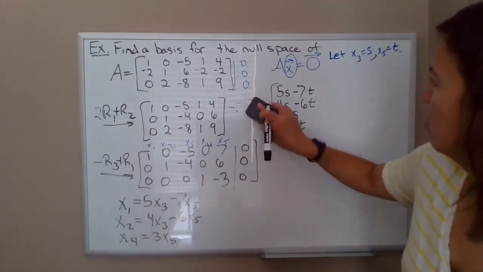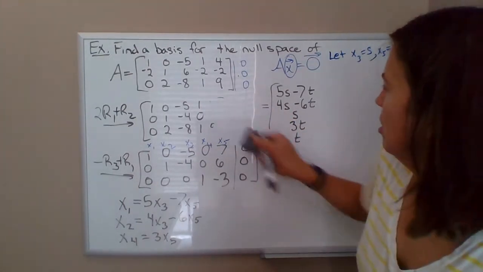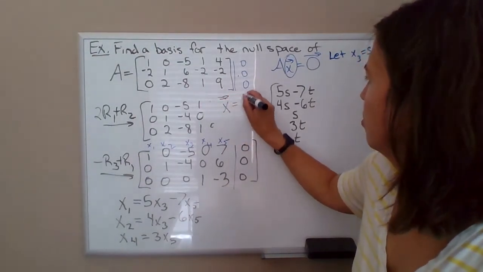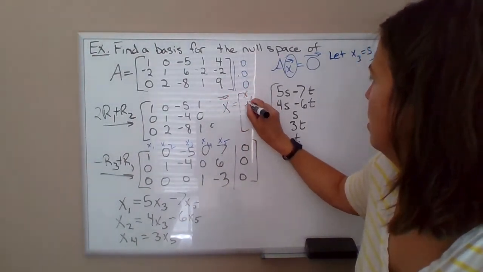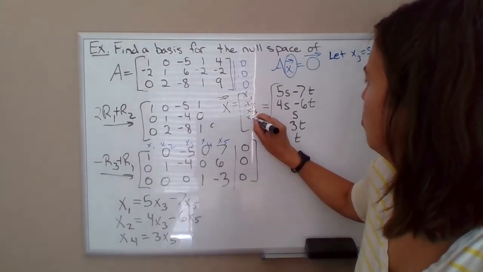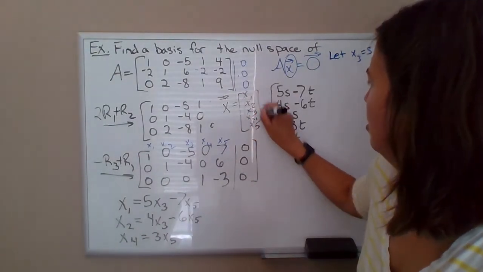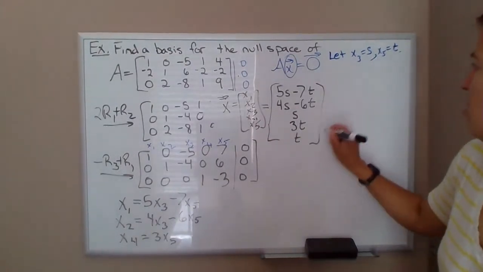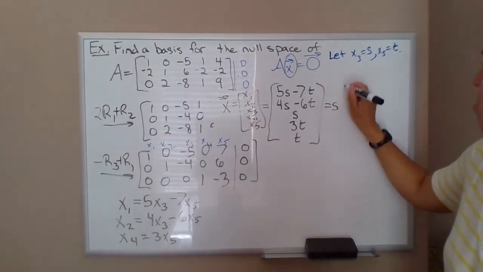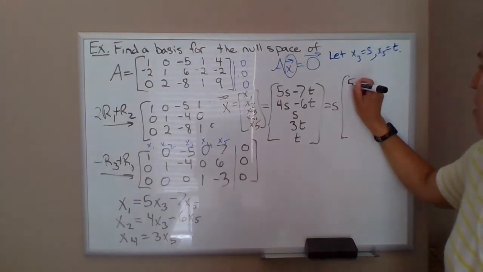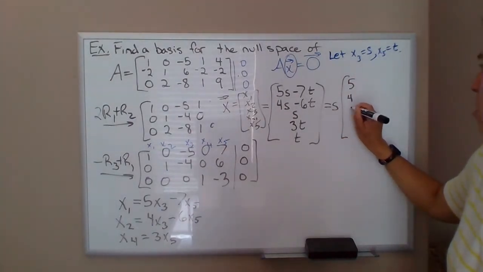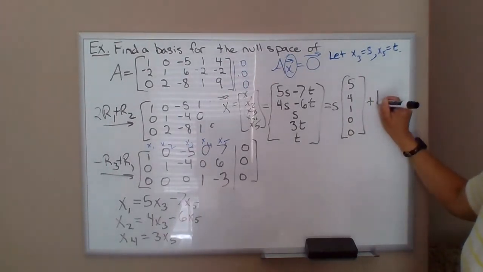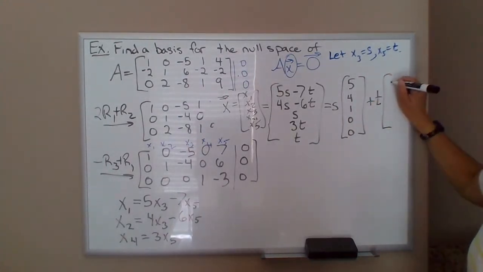Let me expand this a little bit. Just to be clear, this is x equals x1, x2, x3, x4, x5, when we substitute in what we've just set up. And so that means that it's s times this vector plus t times this vector.